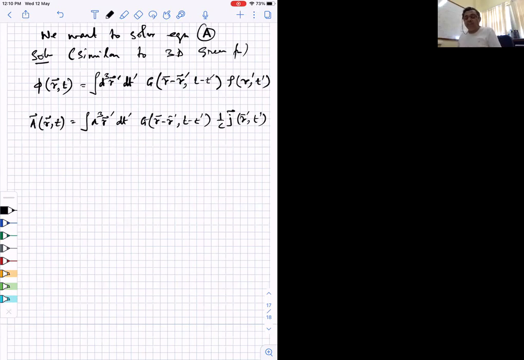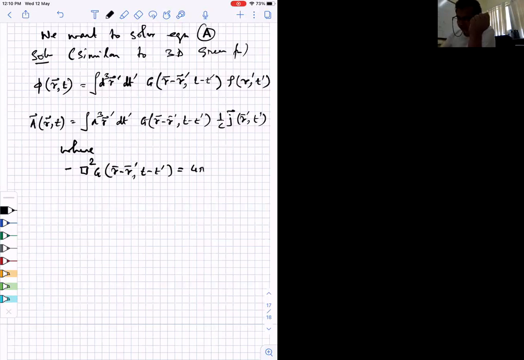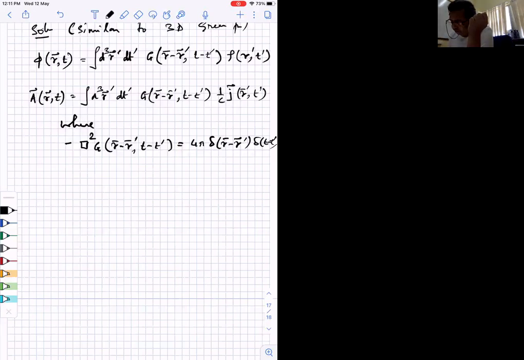So instead of a 3D delta function, it will be a 4D delta function, where this G, which is a function of r minus r prime and t minus t prime, will be 4 pi delta of r minus r prime and delta of t minus t prime. So this is the 4D generalization.